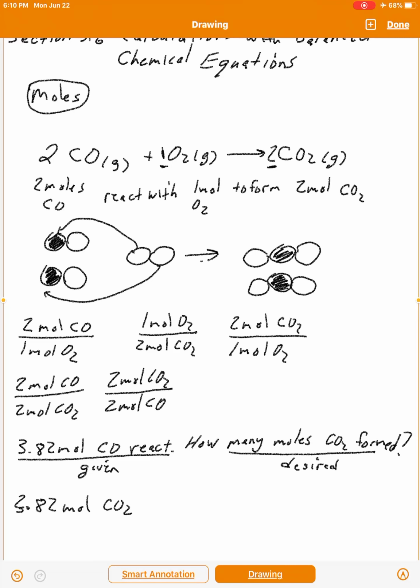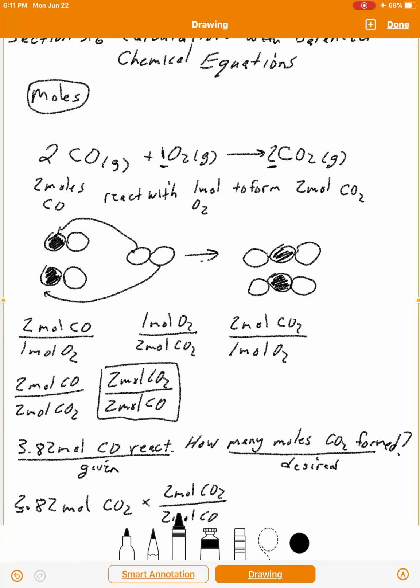3.82 moles of CO. And then I want to find moles of CO2. So I'm going to pick the ratio so that if I multiply it by that ratio, I get what I desire.